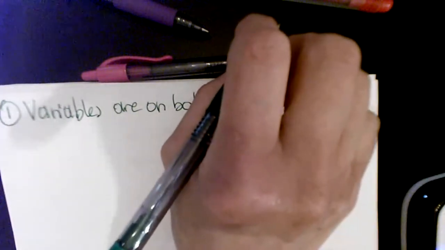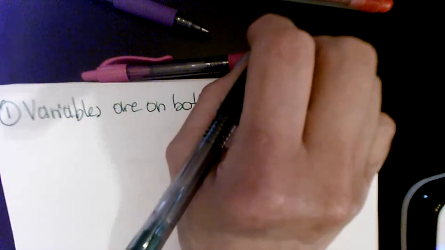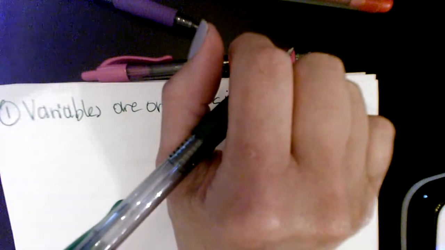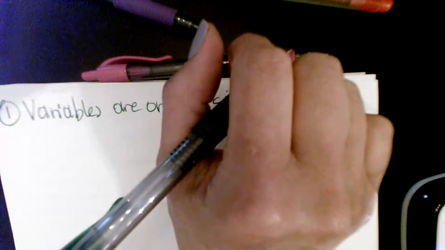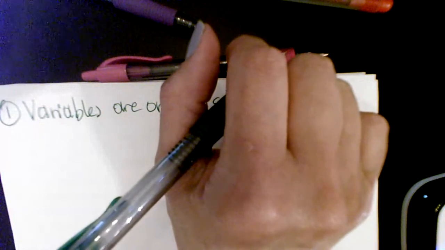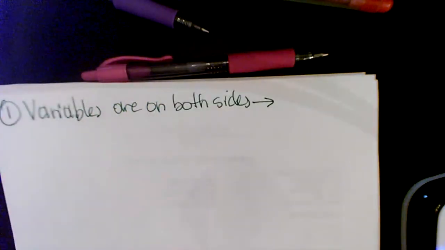So first, we're going to come up with a number that is less than 5, and we're going to define x to be that number.